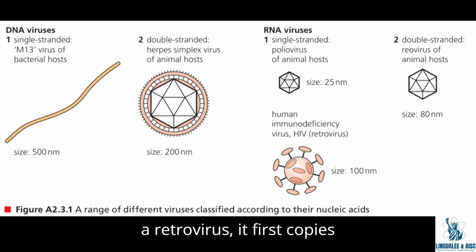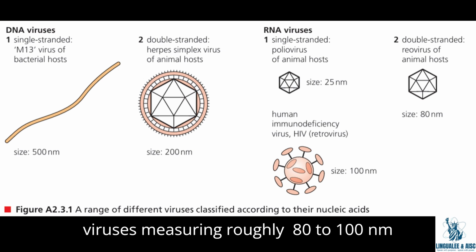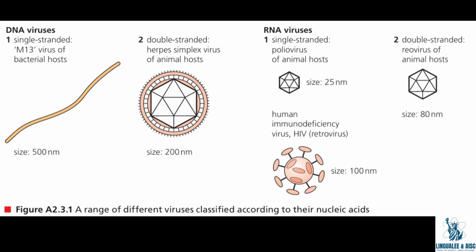As a retrovirus, it first copies RNA into DNA. Reovirus typifies double-stranded RNA viruses, measuring roughly 80 to 100 nanometers. These examples appear in Figure A2.3.1, highlighting how genome type drives viral classification.